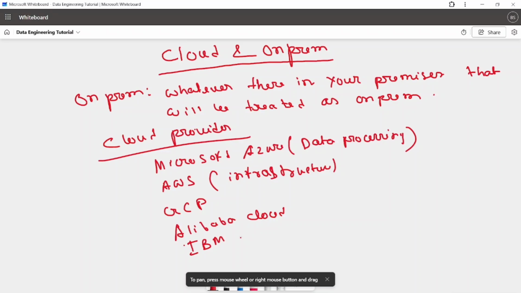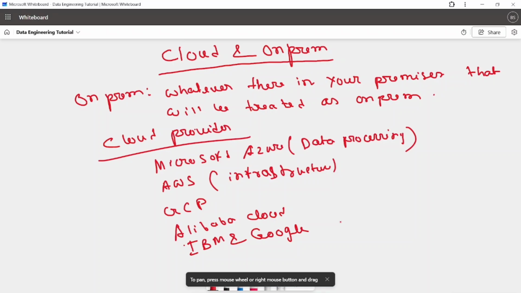So these are some examples of cloud service providers. From a cloud provider, we can take services, infrastructure, storage, anything you can take.